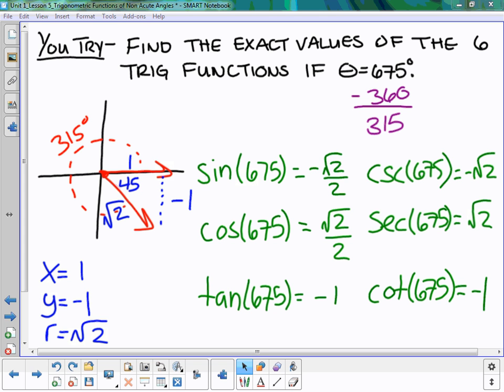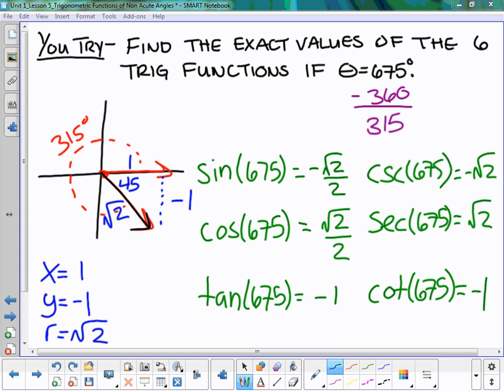Okay, so the first thing you have to do was find the angle coterminal with 675. So we can subtract 360 in purple and get an angle of 315 degrees. So 675 and 315 start and end in the same spot. 315 is in the fourth quadrant.